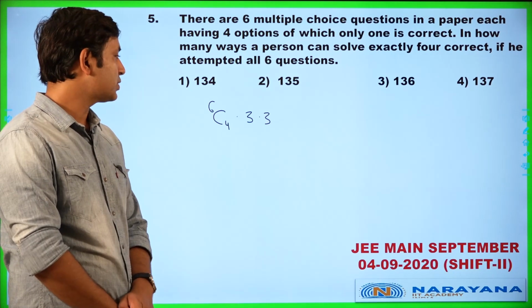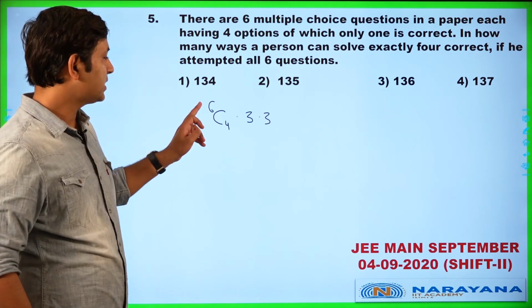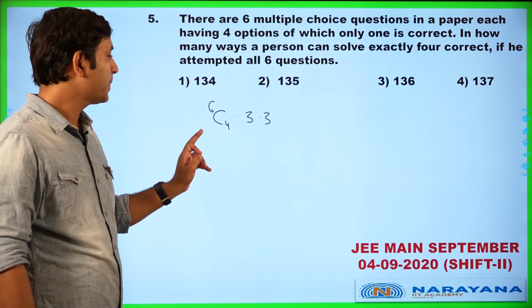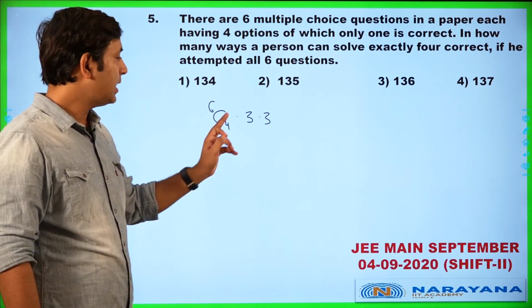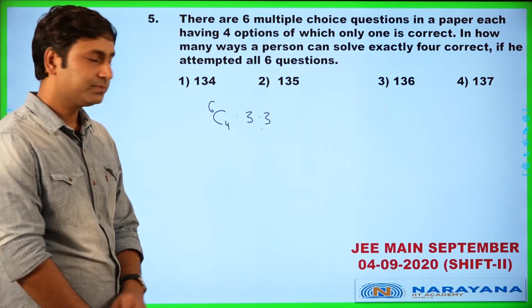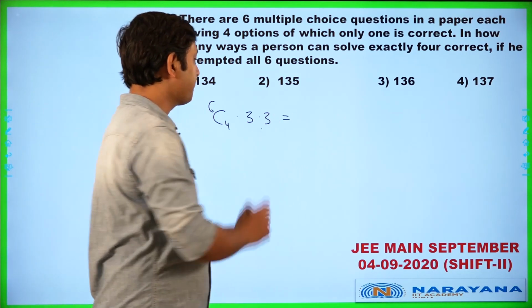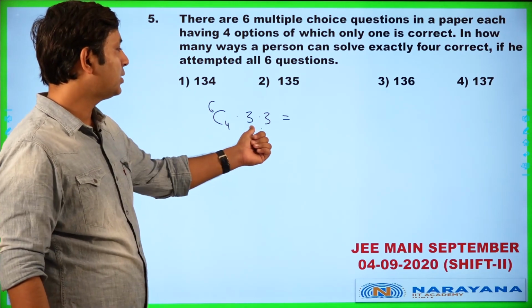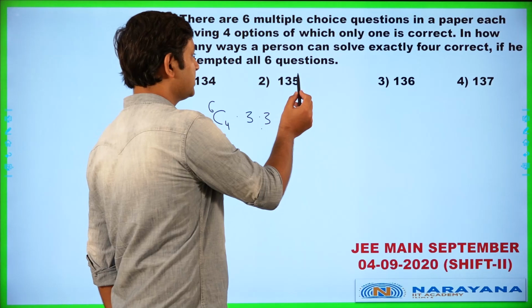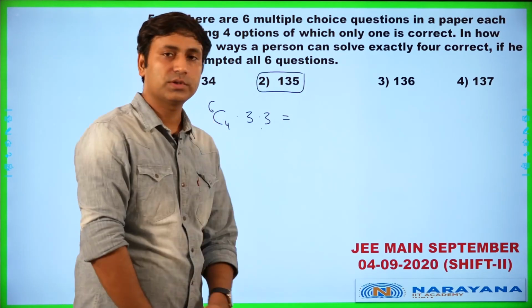The total 6 questions are there. 6C4, so we have selected the 4 questions which we will be answering correctly, and the rest 2 questions we can answer incorrectly in 3 ways each. This number is equal to 15 into 9, that is 135. We'll mark that and we'll move on to the next question.